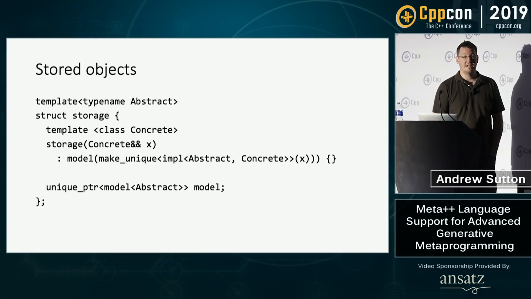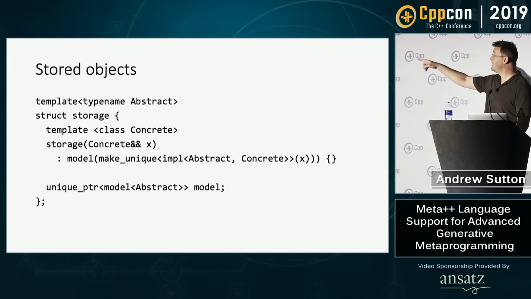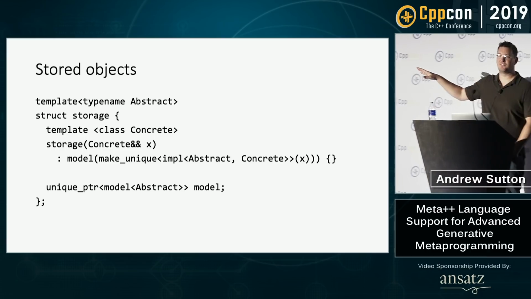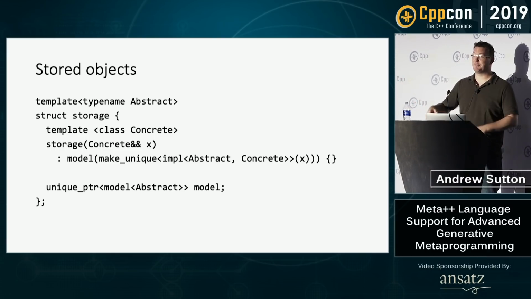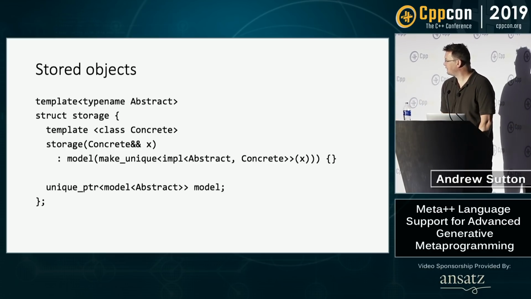So the storage class sits on, there's two important parts of this. It sits on a unique pointer to a model of the abstract type, and here the abstract type is the outer class, the actual outer class, not the prototype, but the one that we've just generated. So it sits on a model of that.